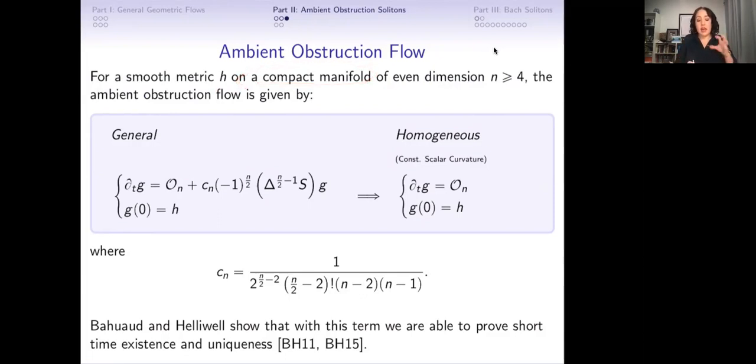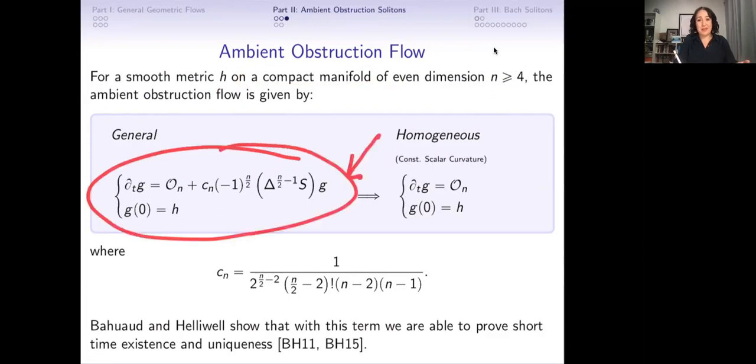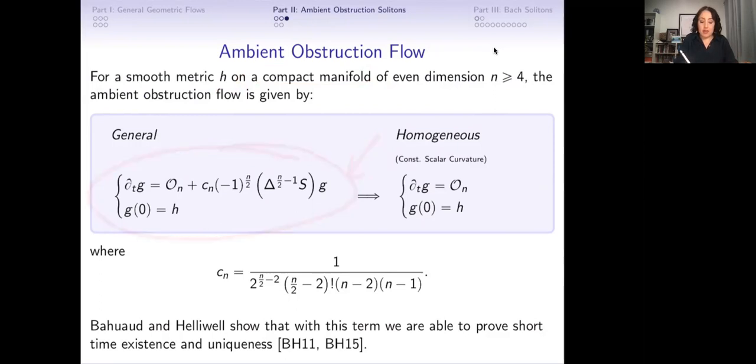Okay, the ambient obstruction flow is given in general by this differential equation here on the left. Now we see that it's the ambient obstruction tensor plus this scalar curvature term, which includes this constant c sub n based on the dimension that we're in. Why do we include that?